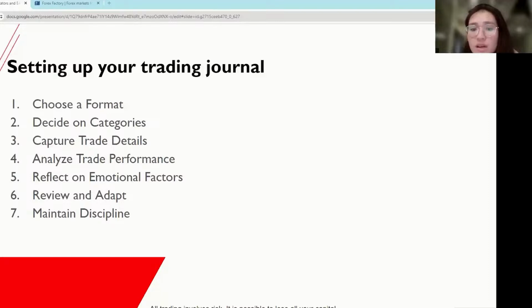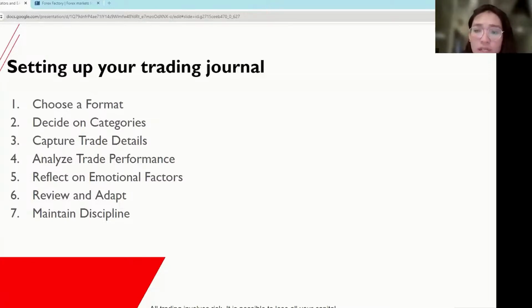Analyze trade performance. Basically, you are going to regularly review your trading journal to analyze your trade performance by looking for patterns, trends, and areas for improvement. Emotional factors. So this is quite important and quite often overlooked because it's important to take note of your emotional state during each trade.